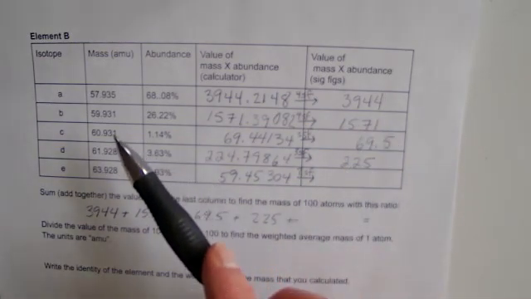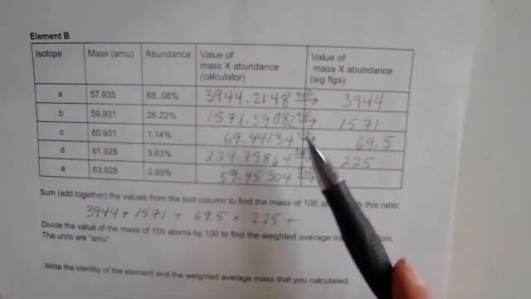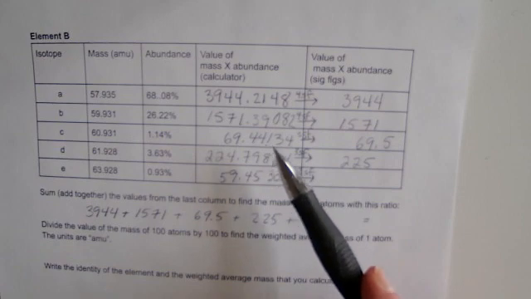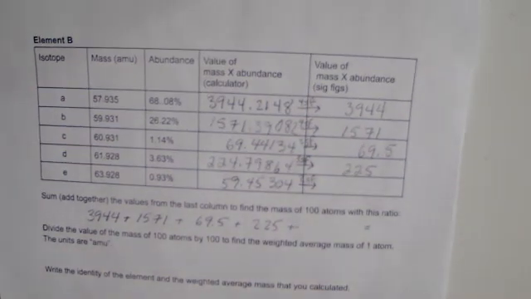For the next one, we can see that when we take this value times this value, our solution is going to need to be shown with 3 sig figs. So we are going to look at our value here.